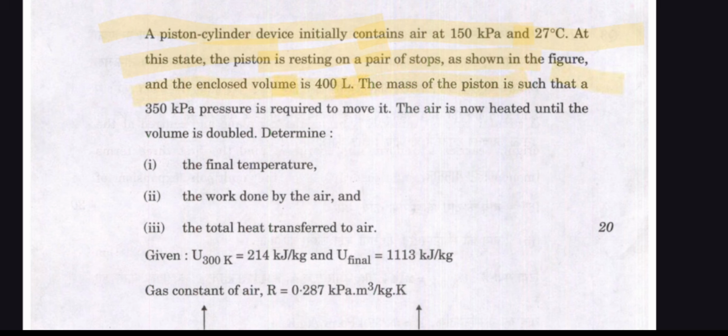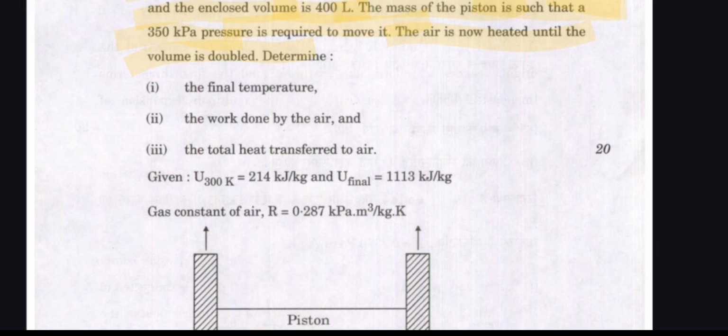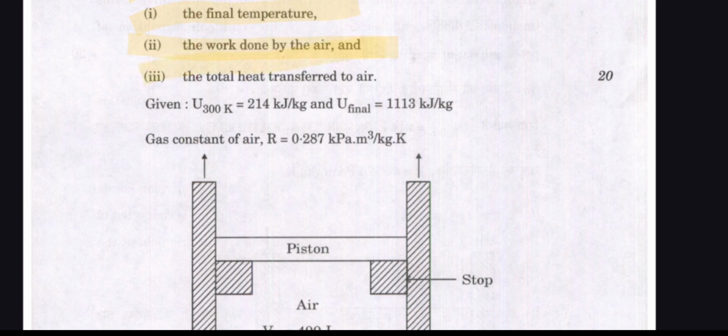The mass of the piston is such that a 314 kPa pressure is required to move it. The air is heated until the volume doubles. Determine the final temperature, the work done by the air, and the total heat transfer to the air.